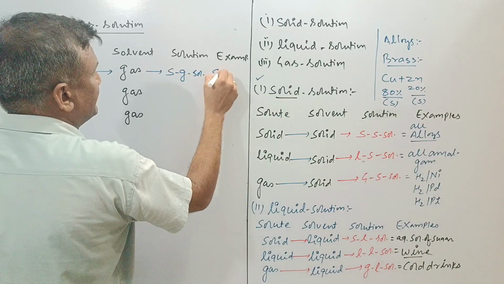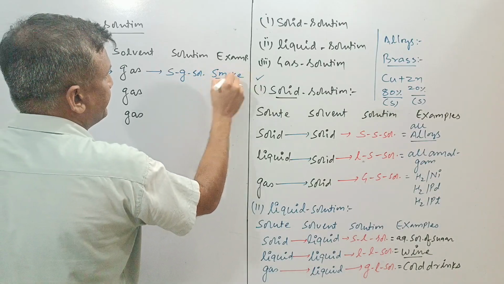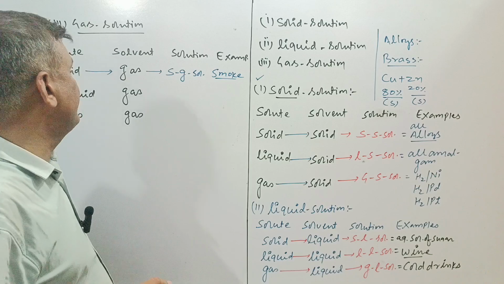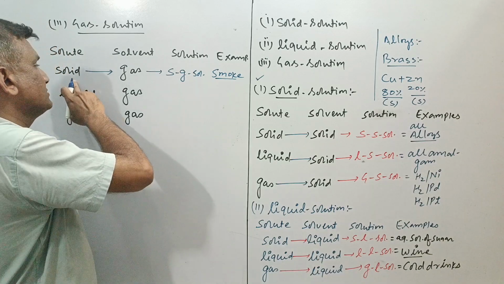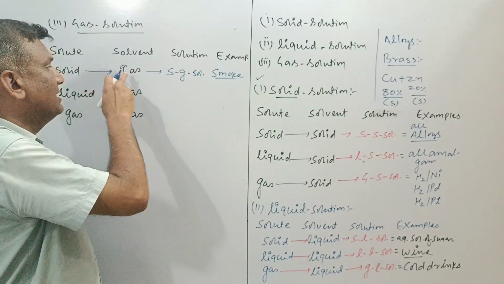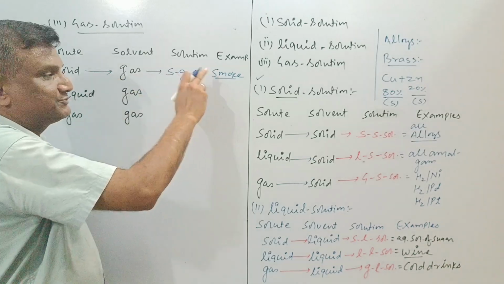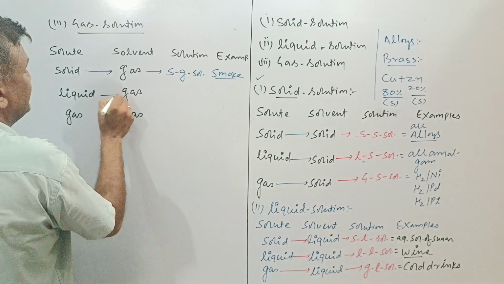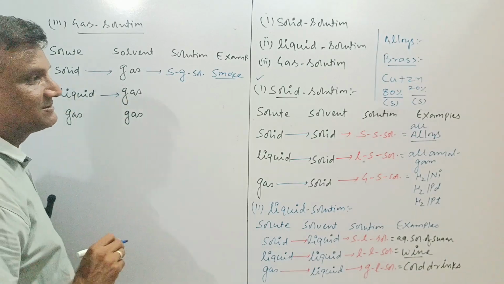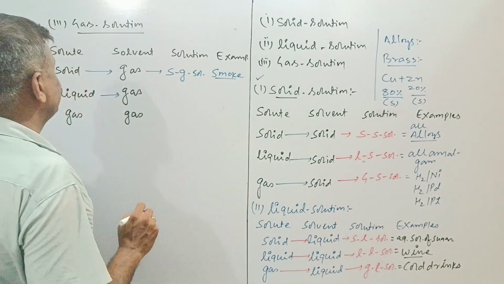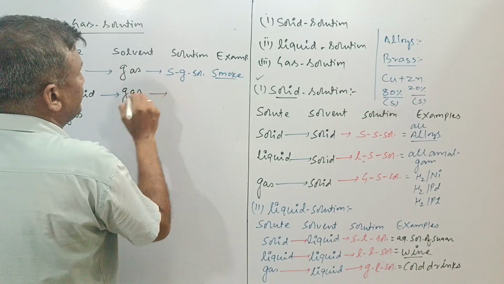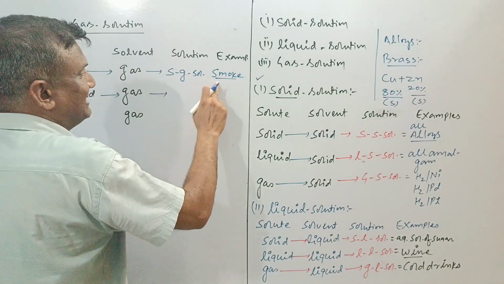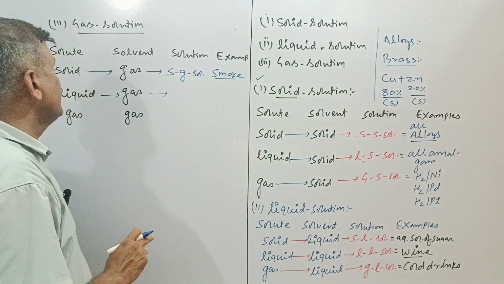As an example, we can take smoke. This is a very important example, because carbon particles are the solid and air is the gas. So smoke is the best example. For liquid dissolved in gas, we can take the example of sublimation also.